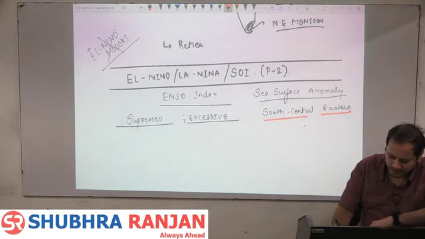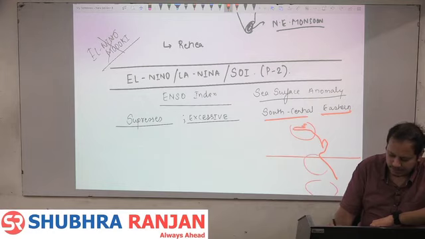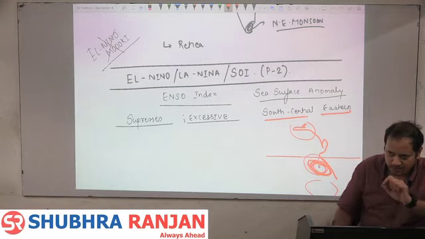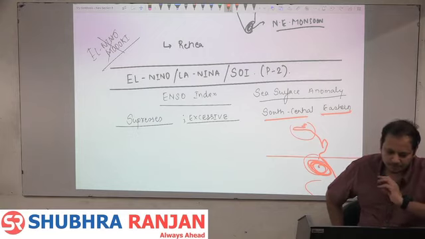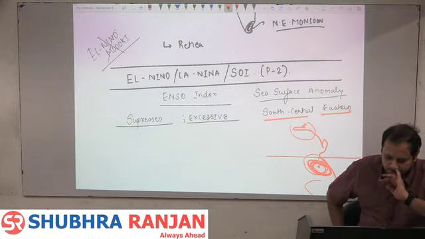Understanding? Why am I using the word central? Northern Pacific, Southern Pacific, Central Pacific. Because it is in the southern hemisphere, South Central. And because it is on the eastern coast, so Eastern Pacific. South Central Eastern Pacific, between 5° north and 5° south of the equator.